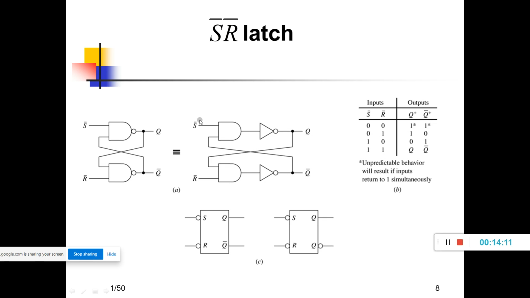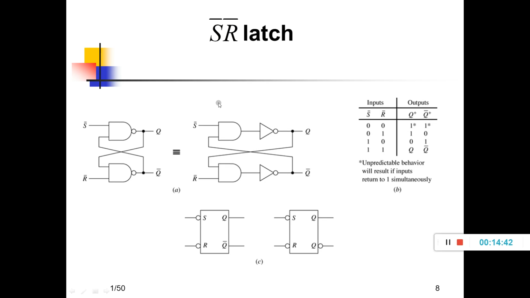If any one of the inputs S bar and R bar is made 0 while the other is 1, then the output of the NAND gate having the 0 becomes 1, isn't it? One of the inputs is 0 means it will become 1 here. NAND gate truth table, I think everybody knows, right? So here, in turn, this is applied as input to the second NAND gate, which also has a 1 as its other input.